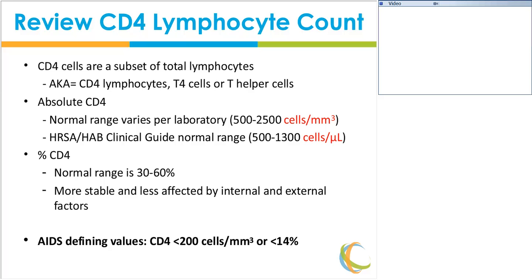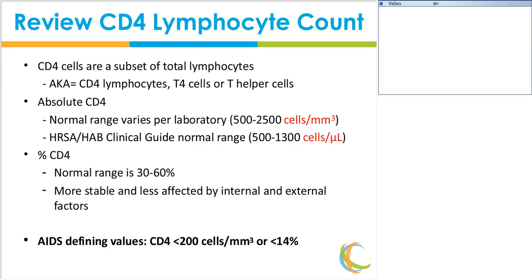Two weeks ago in the webinar, I gave you one normal range, told you that the normal ranges could vary by laboratory, and the range that I gave you was 500 to 2,500 cells per cubic millimeter. In our HRSA clinical guide, they list the normal range as 500 to 1,300 cells per microliter.